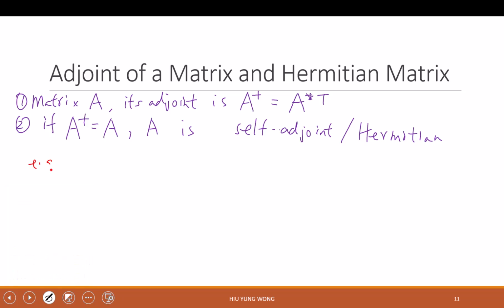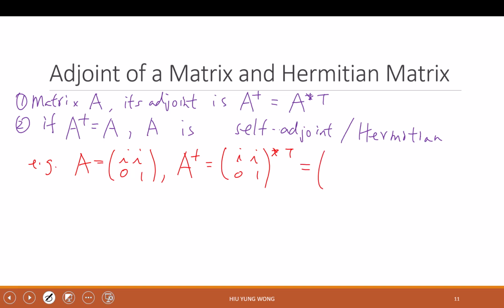For example, let's say A equals i, 0, 1. What is A dagger? Well, based on the definition, it's equal to A complex conjugate, then transpose. What's the complex conjugate of this matrix? Minus i, 0, 1. Are you okay with this?